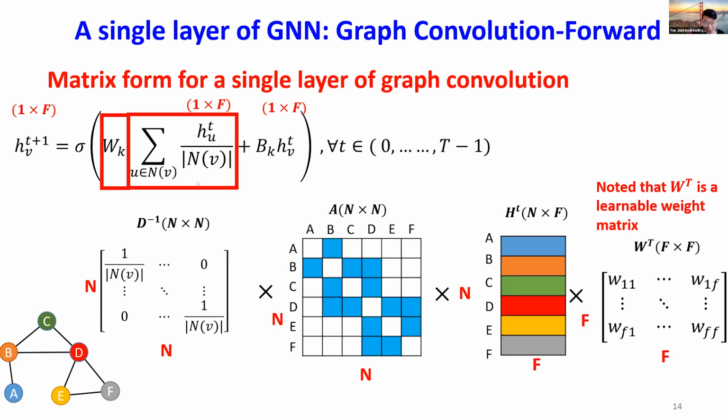So on the left-hand side, the shape will remain n, and on the right-hand side, because the weight matrix has the shape of f by f, the final product matrix will have the same shape as the node features matrix. This makes sure that the node feature matrix doesn't change its shape during the feature aggregation process.